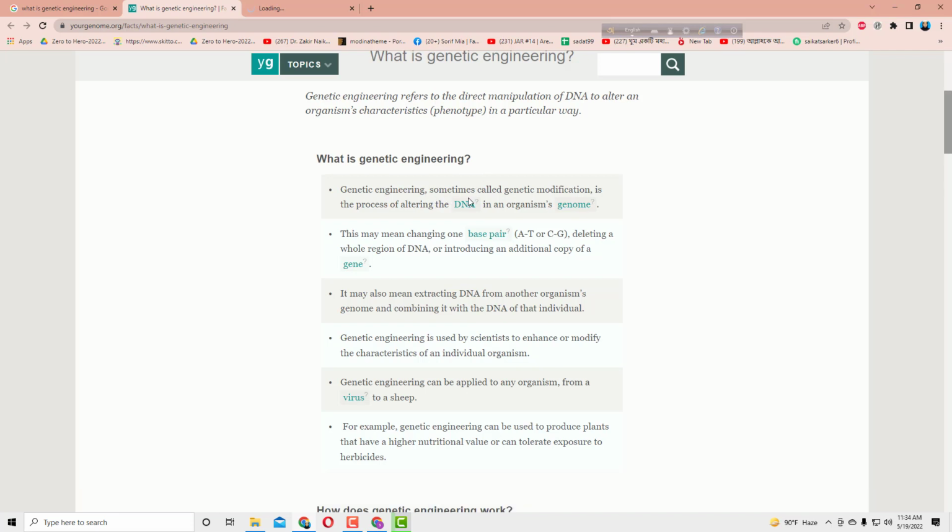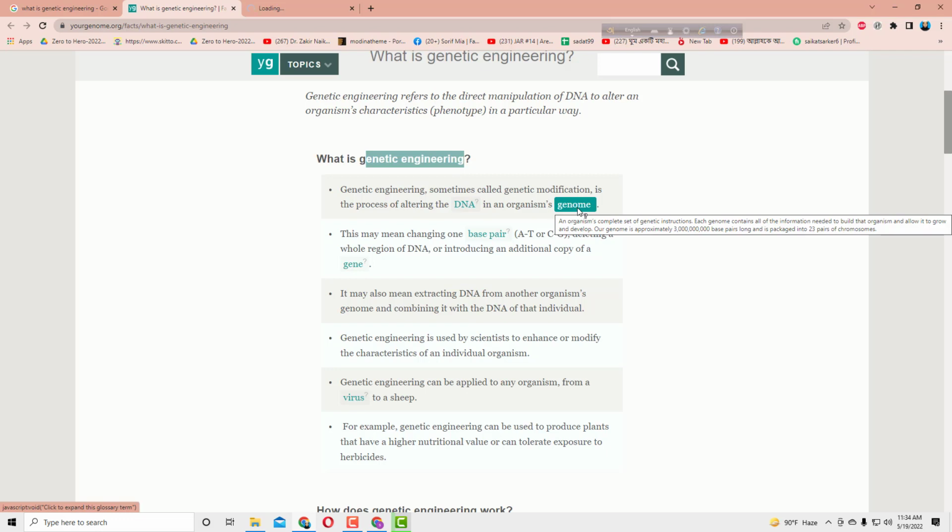Genetic engineering, sometimes called genetic modification, is the process of altering the DNA. Genetic engineering মানে হলো altering বা editing of DNA in an organism or genome.